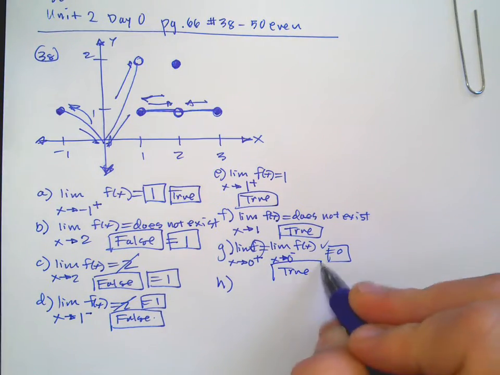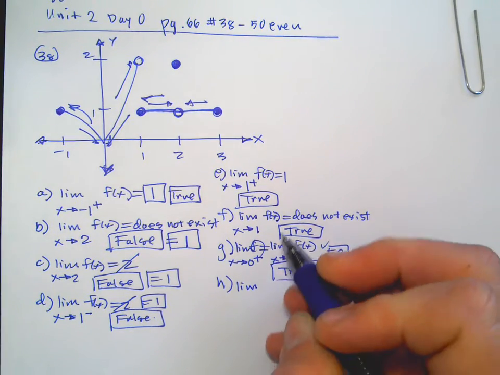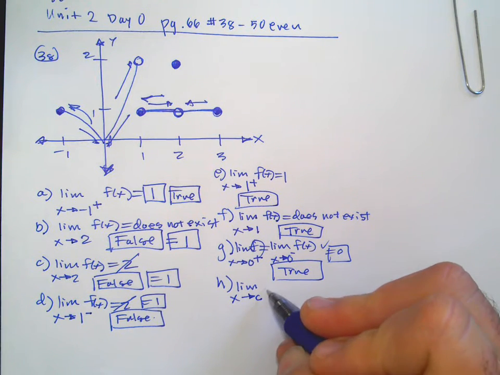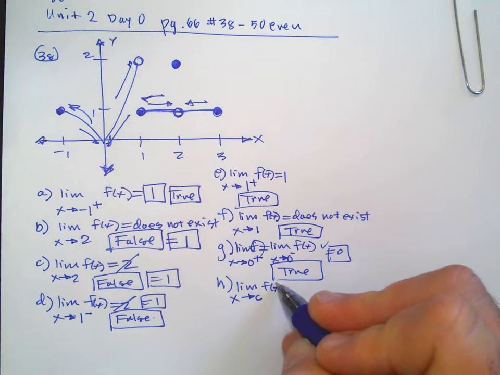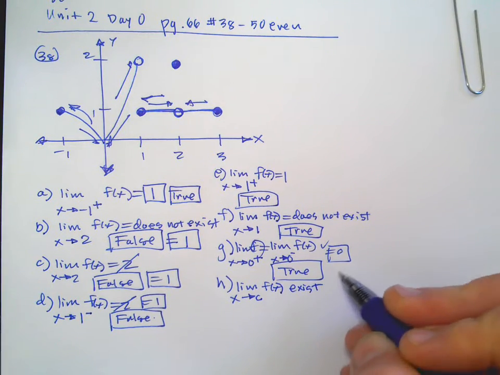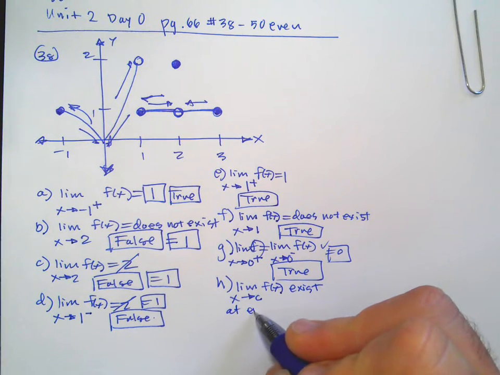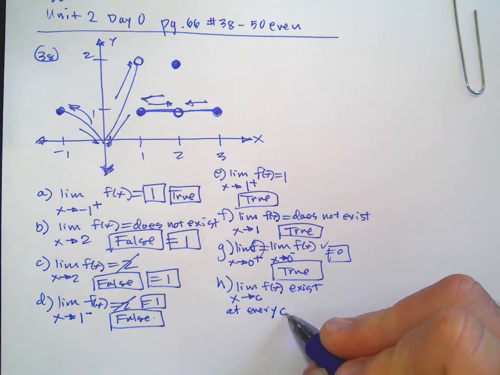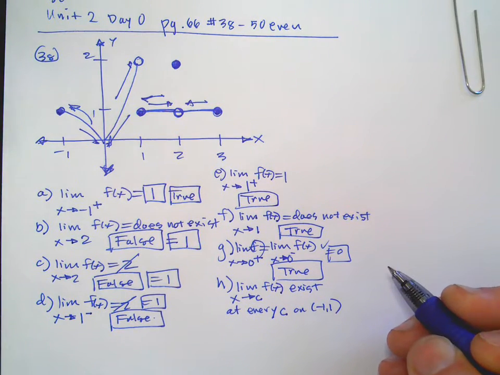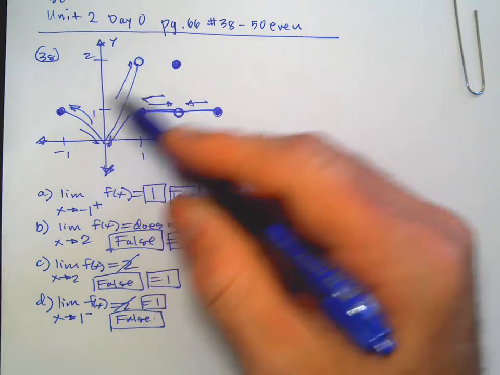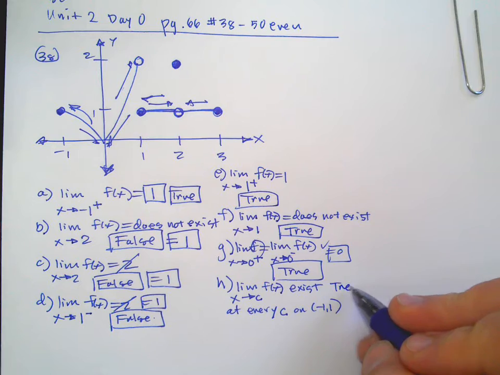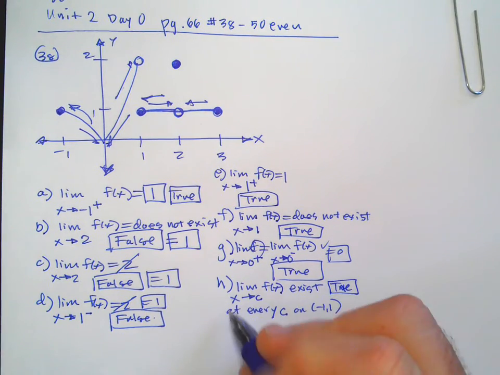H, limit as x approaches c of f of x exists at every c on -1 to 1. So does the limit always exist between -1 and 1? Are there any jumps or holes, discontinuities? Nope, this is good. It's true. It does exist everywhere there.